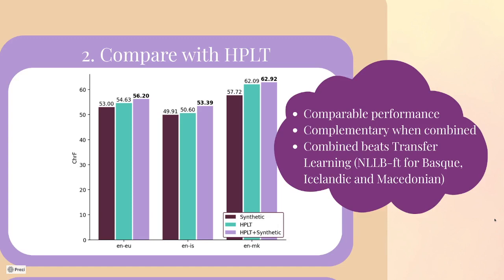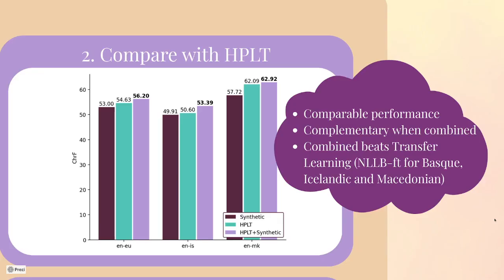We can see that if we look at synthetic and HPLT models, they have comparable performance, within a few chrF points difference. And the best is that they are complementary when combined. So combining HPLT and synthetic data provides the biggest increase, which means that they are providing different enough information so that the model learns more.